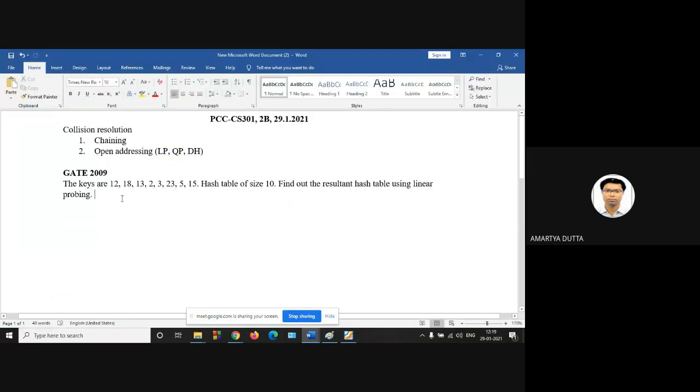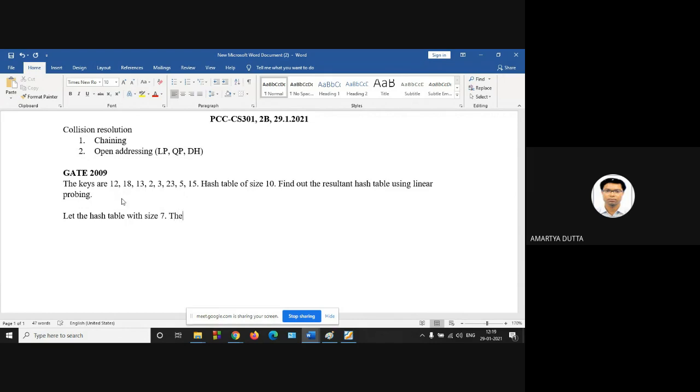Let's take one problem. Let the hash table be of size 7.